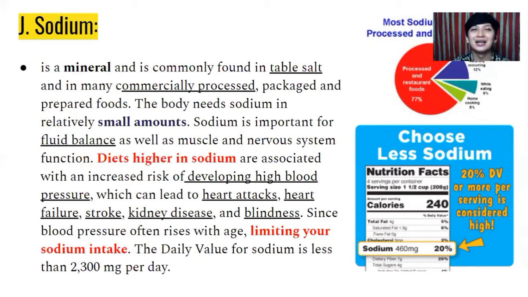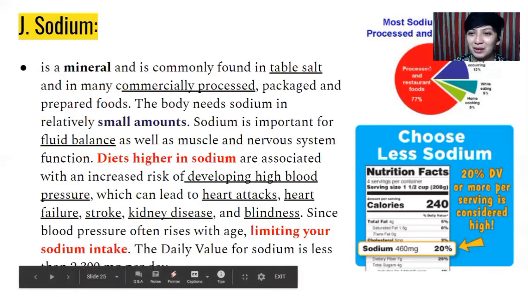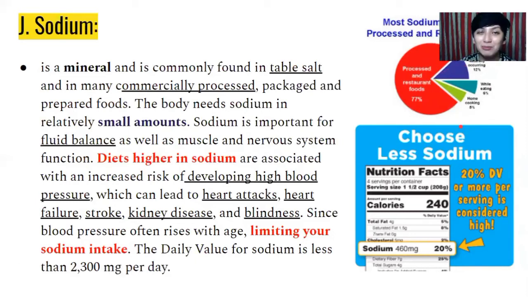So as much as possible, when you are going to buy cheap, if you're going to buy junk foods, that's a no-no because it has a lot of sodium in there. Okay, for you to eat it for a very long period of time, you need to what? Check the label. Look at the sodium. Okay, so as you can see here, we have processed and restaurant food 77%. Okay, because they have a lot of processed foods, they have a lot of packed foods already.